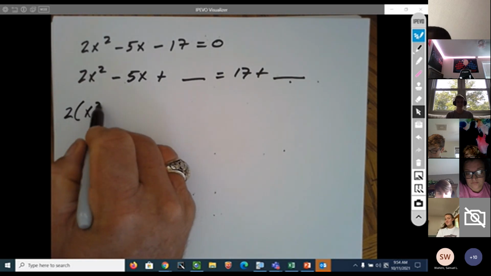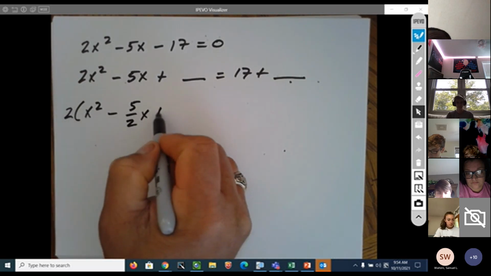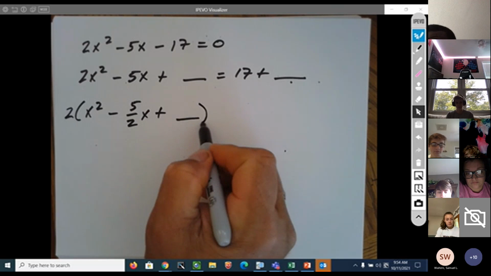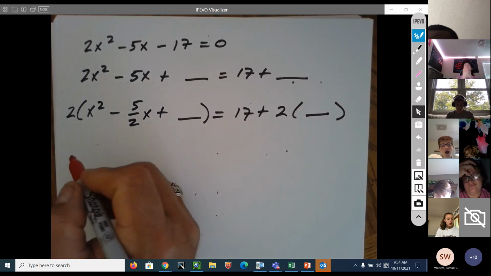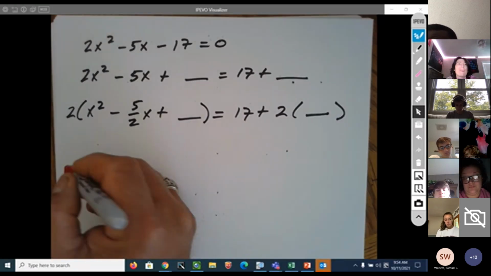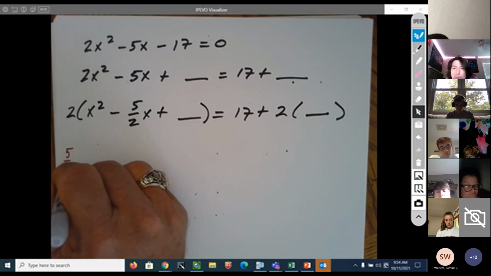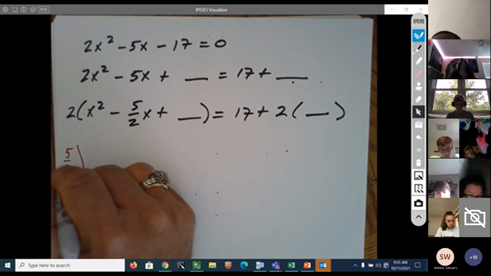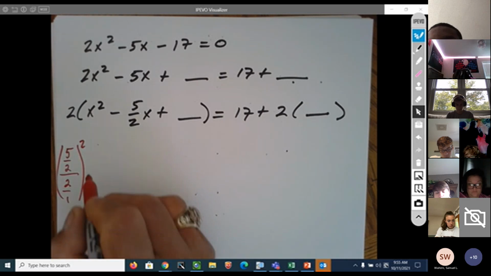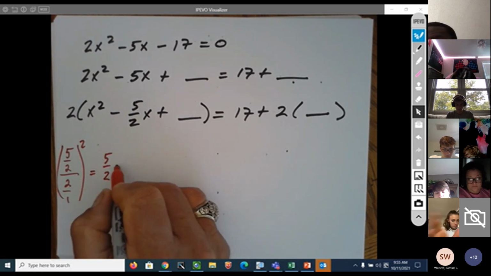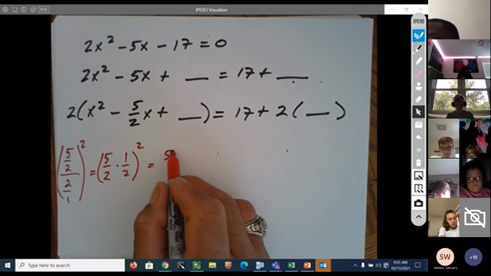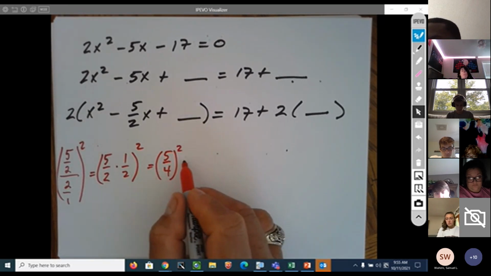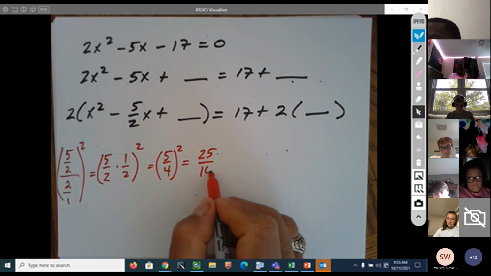2x squared minus 5 halves x plus blank is equal to 17 plus 2 times blank. Now I'm going to put a baby step in here because I know that y'all hate fractions. 5 over 2 divided by 2 over 1 and square it. 5 over 2 multiplied by 1/2 and square it. 5 over 4 squared is 25 over 16.